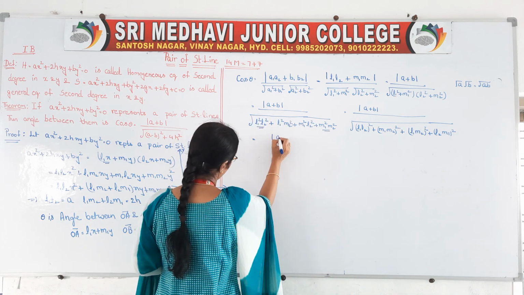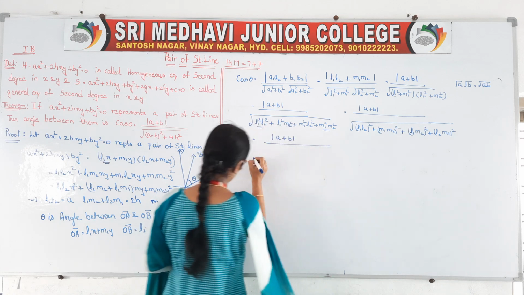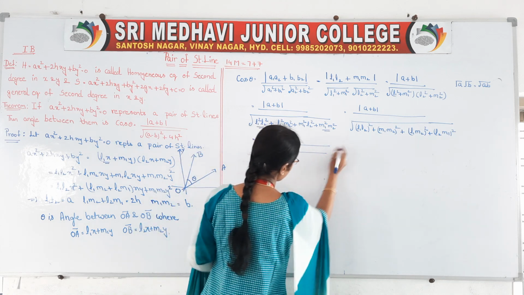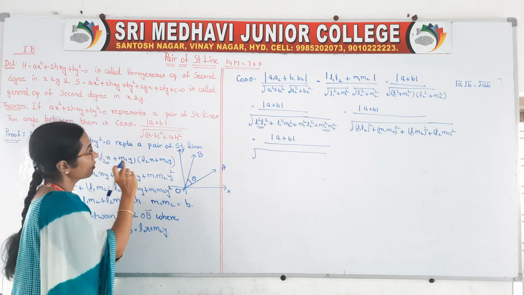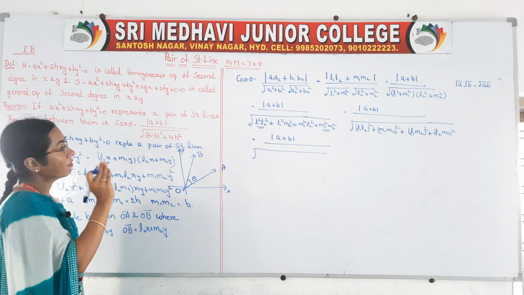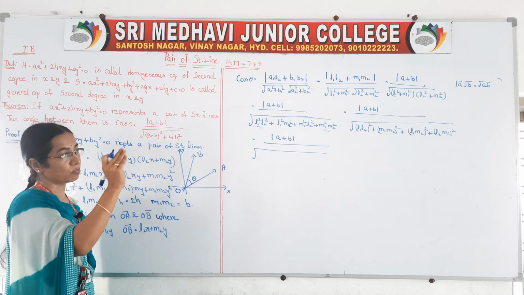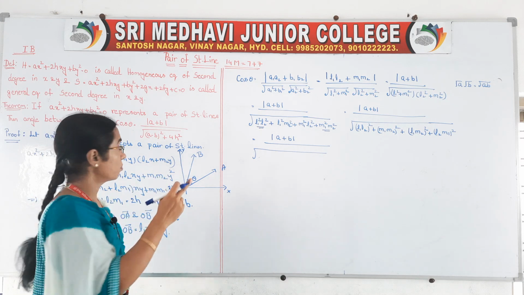So modulus of a plus b by root of, see, to get our a minus b whole square, meaning L1 L2 minus M1 M2 whole square, we need L1 L2 whole square plus M1 M2 whole square minus 2 L1 L2 M1 M2, isn't it?